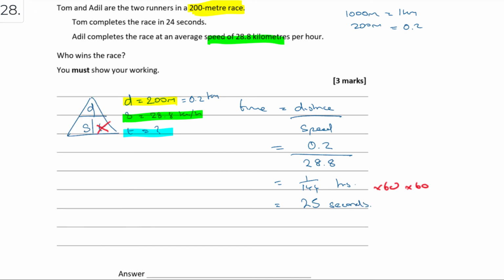So I've got 25 seconds for, this was Adil, wasn't it? We're doing Adil's race at the moment. We know that Adil is 25, and we know that Tom completed it in 24 seconds. So who's faster? It's Tom by a second, isn't it? So Tom fastest.